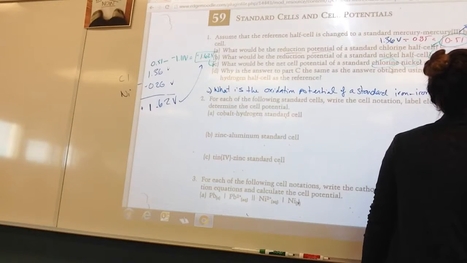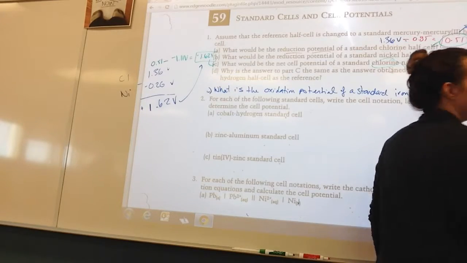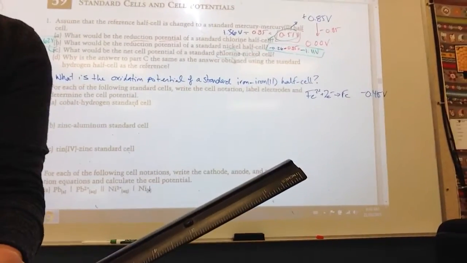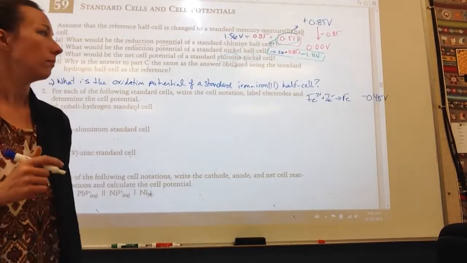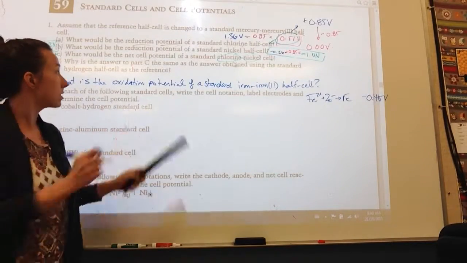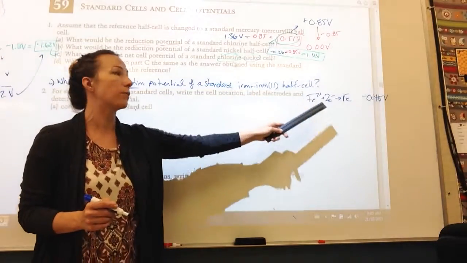What did I just say? 0.45. Okay, so what is the oxidation potential of the standard iron 2 half cell?